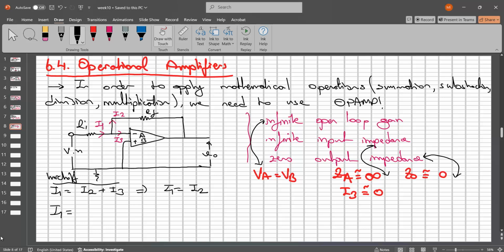How can we calculate it? This is the direction of I1, and so V in minus VA divided by RI. What is the I2?